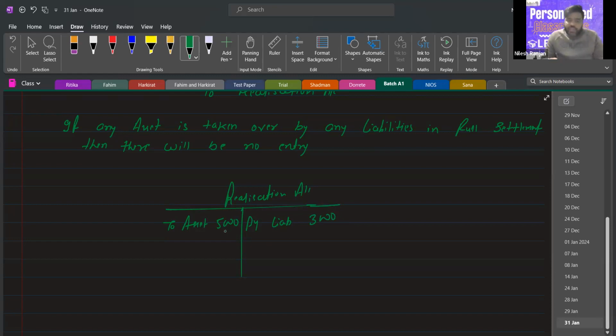If this asset is taken over by this liability in full settlement, it means now there will be no cash payment or receipt, because he has taken the asset in full settlement. So there is no cash payment or receipt. So I'm saying that there will be no entry. You can see there will be a loss of 2,000. Sorry.